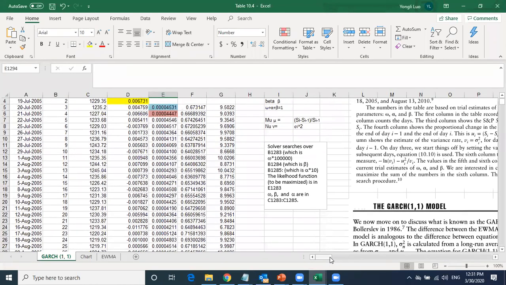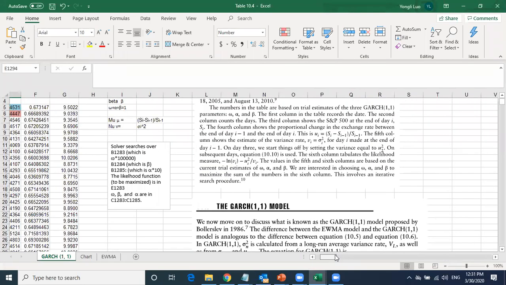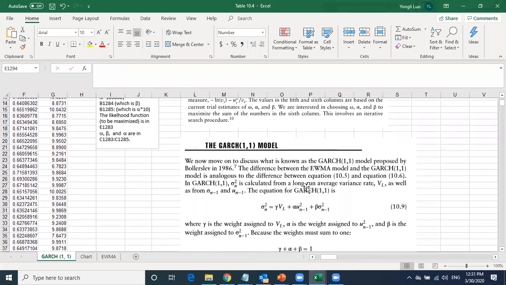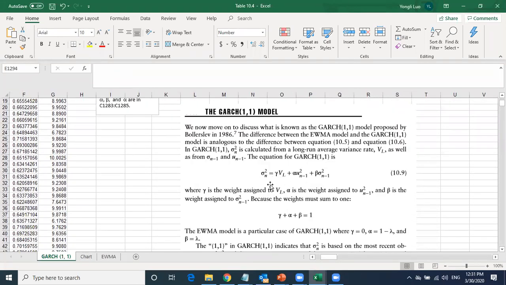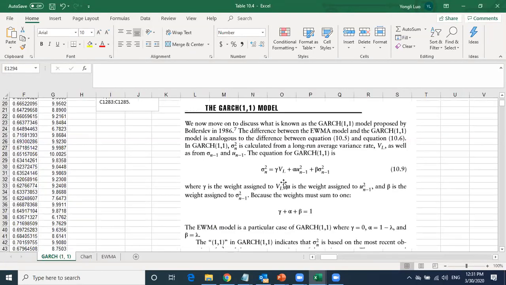First, I wanted to read the textbook to understand what the GARCH model is. The variance, which is the volatility you're going to estimate, is gamma times VL, the long run volatility.